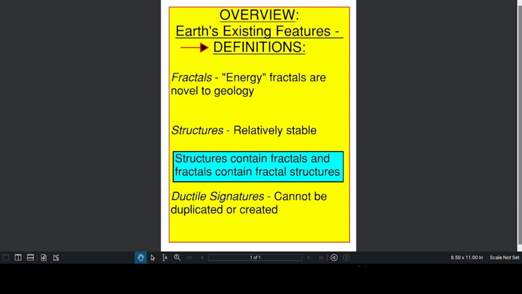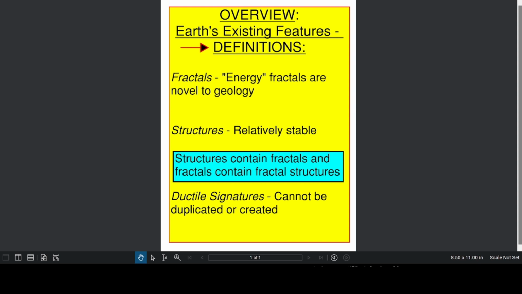Very interesting. Now, ductile signatures. A signature is something that shows a complex process or history that is impossible to duplicate or create. So basically, the ductile signatures are seen everywhere. And it's something that I can't just make up, or something that I'm not seeing because I want to see it.